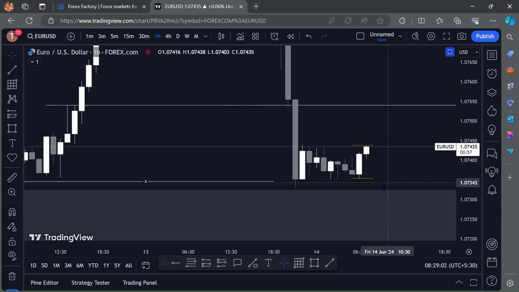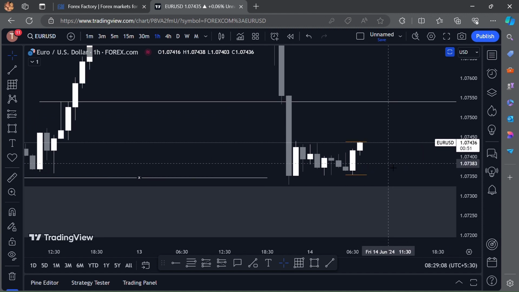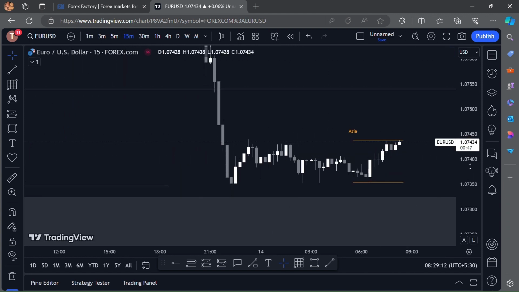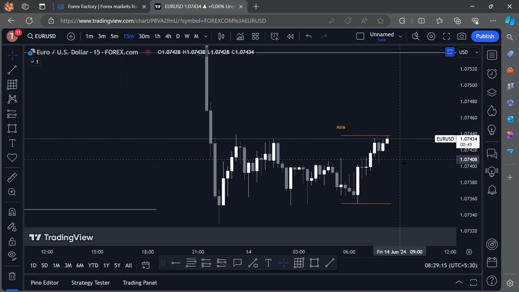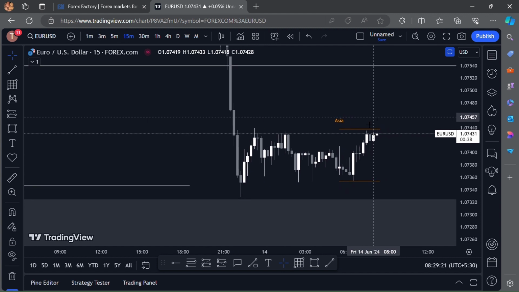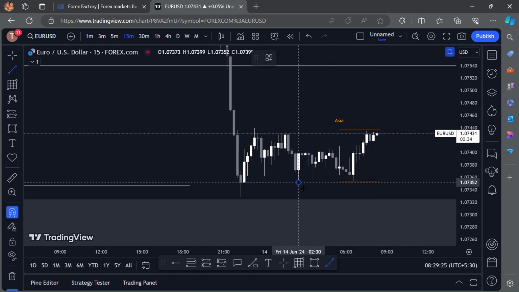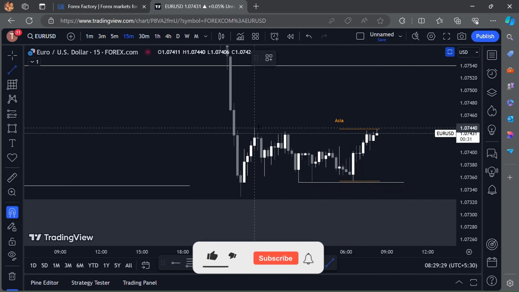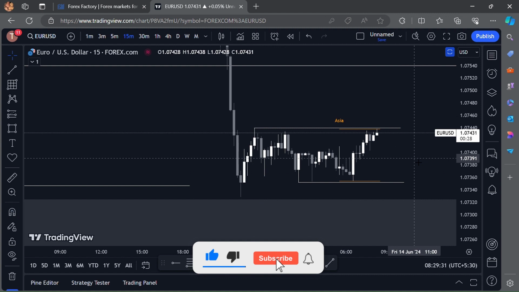So this is the Asia session, and the price is moving in the upside direction, but we can't see any FVG or anything on the higher time frames. So let's move to the 15 minutes directly. Now on the 15 minutes, what we can see is that we possibly had an FVG over here, and the price is moving in a sideways zone because we have accumulated equal lows over this zone, and we had equal highs at this zone too.